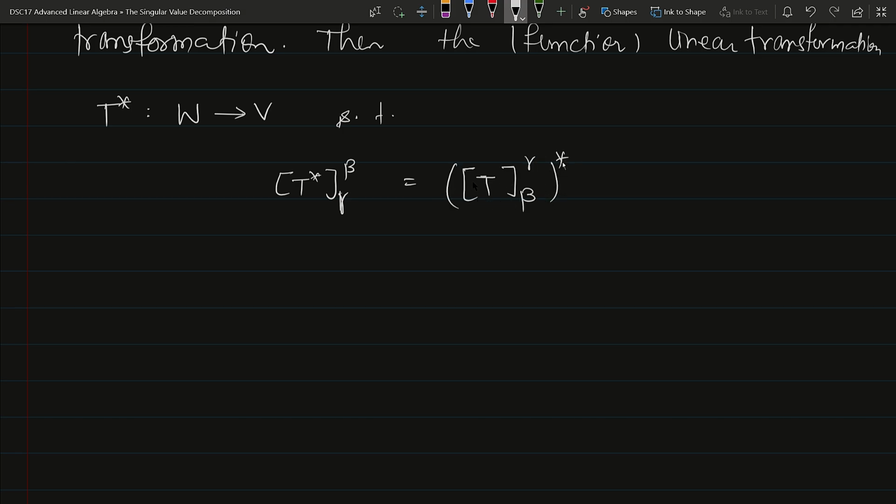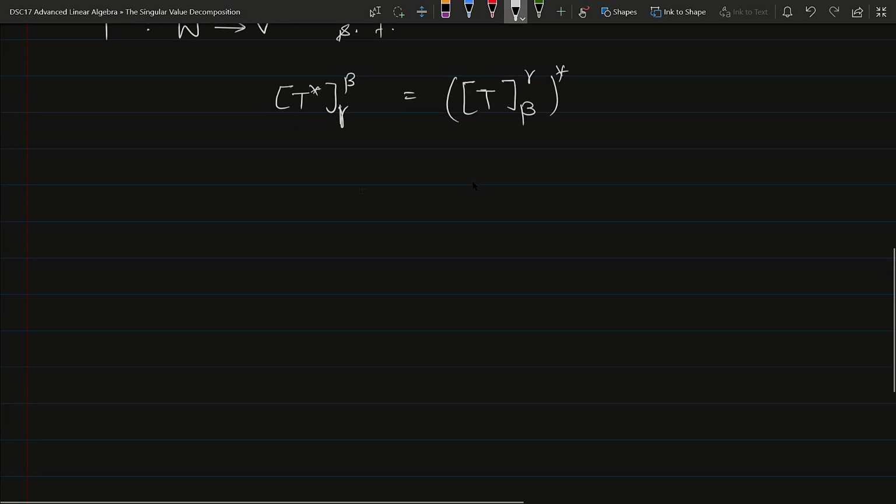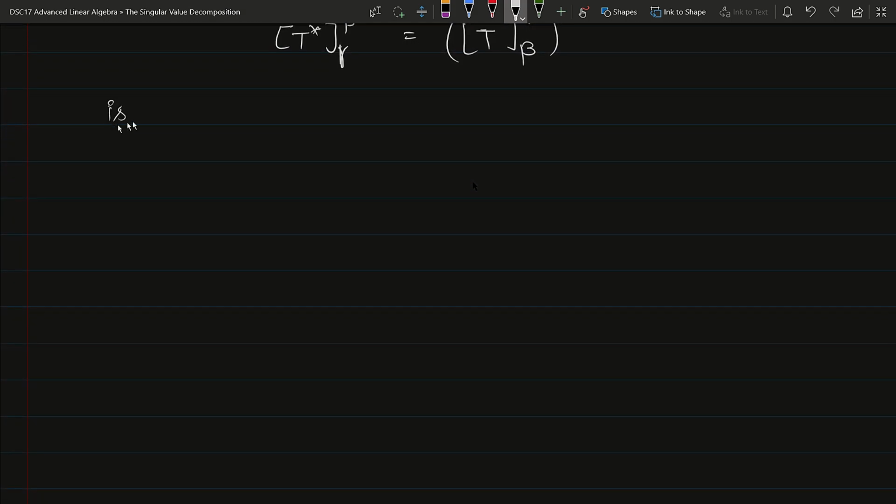Okay, so the adjoint of T is the adjoint of the matrix of T. So this is how you can relate T star and T, and this is said to be the adjoint of T. So this is how we can define the adjoint for a linear transformation.